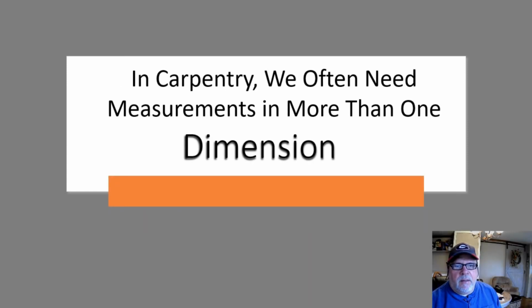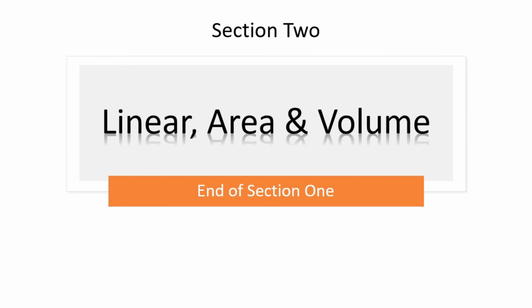And we'll see that in carpentry, we often need measurements that are in more than one dimension. We'll learn about that. And this wraps up our section 1 video, and in section 2 we'll learn about linear, area, and volume. See you on the next video.